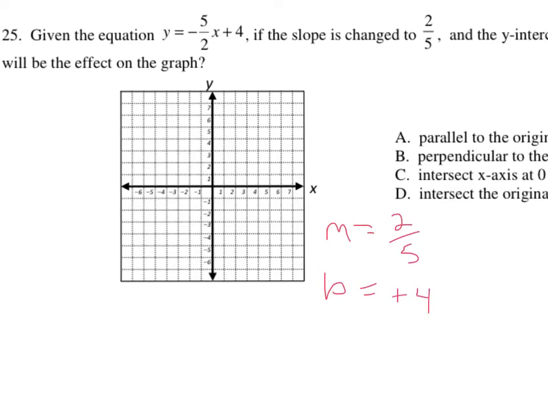So if I graph these lines, y equals 2/5 x plus 4. Okay, I could graph these lines. So the first one starts at 4 for the y-intercept, and then it goes down 5 over 2, and then the pattern continues.